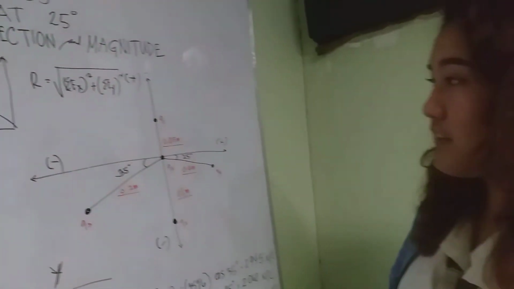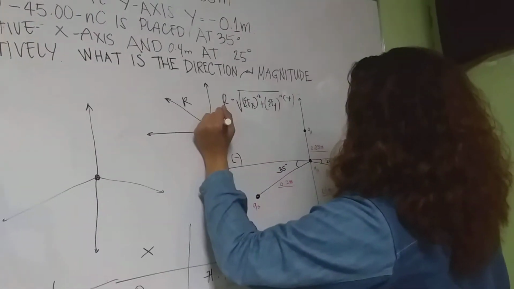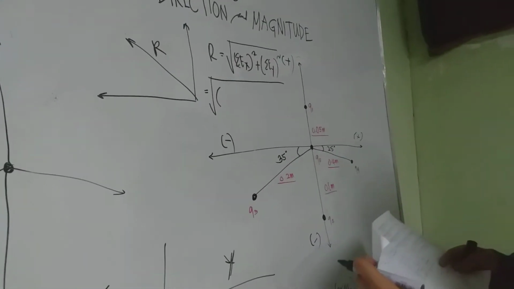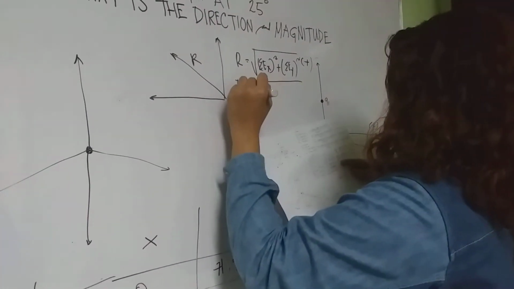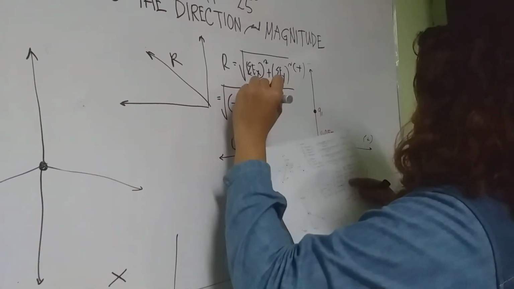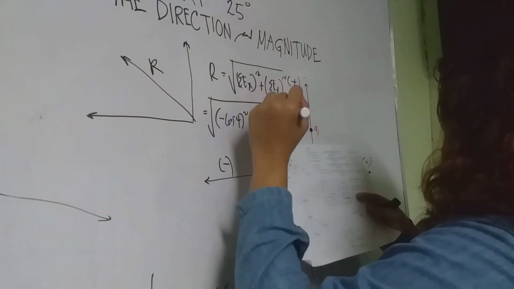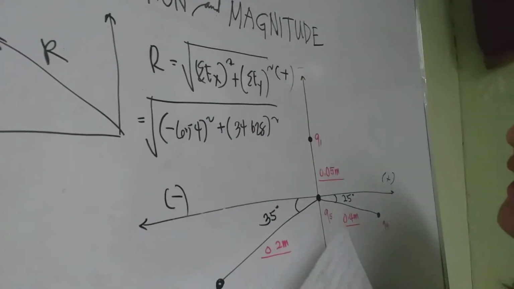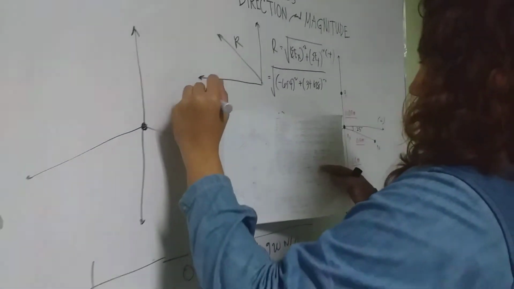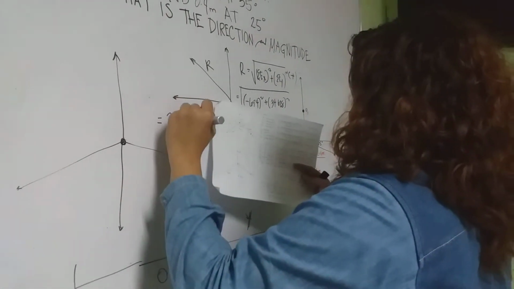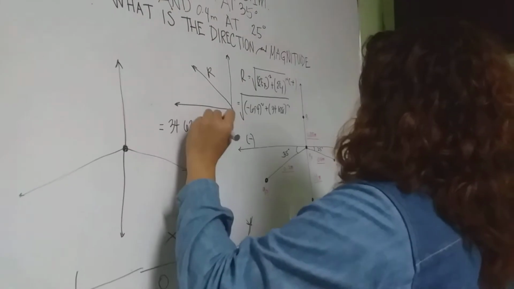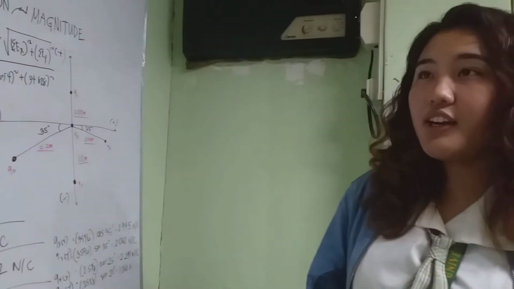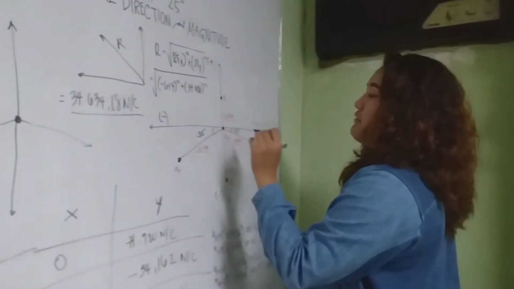So, since we got their values a while ago, we will be substituting it into the formula, which will be negative 654 squared plus 34,628 squared. And the total will be 34,634.18 newtons per coulomb.